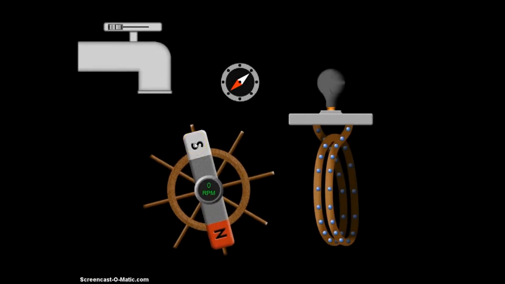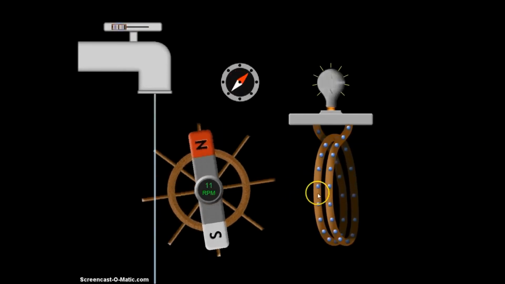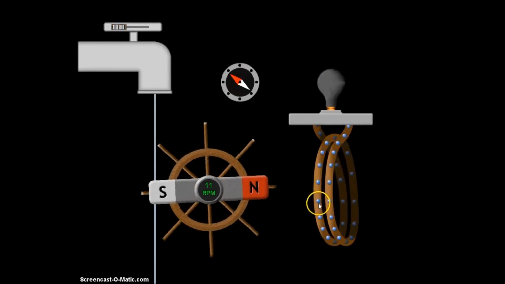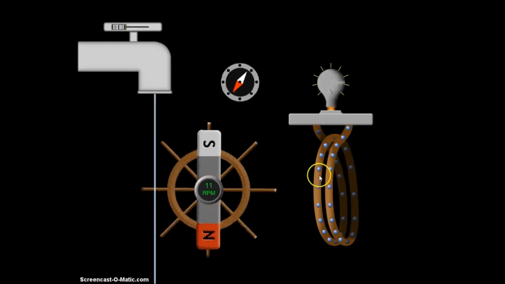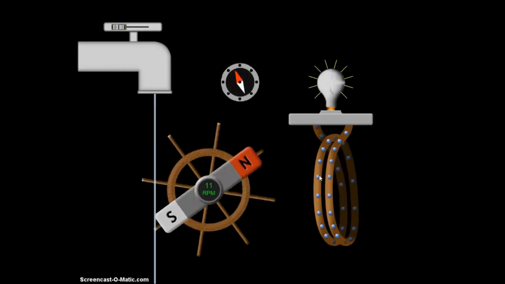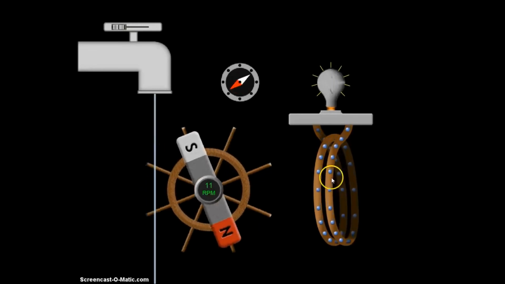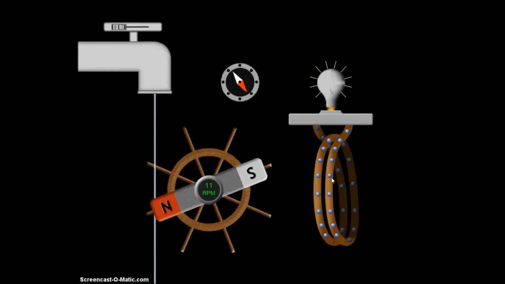You can kind of think of this as positive, negative. Here's a wire coil with electrons in it. If we start moving this magnet, it starts to move the electrons back and forth. If you follow them, they go back and forth. The magnet moves them. So this is how power companies work with alternating current. They have a giant magnet that rotates very quickly, and it moves the electrons and wires nearby. This is how alternating current is made.